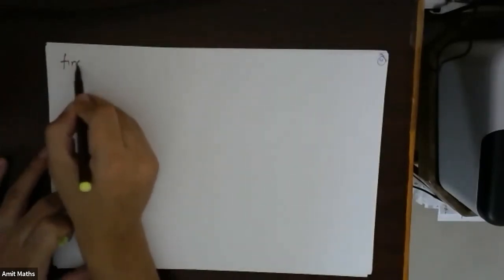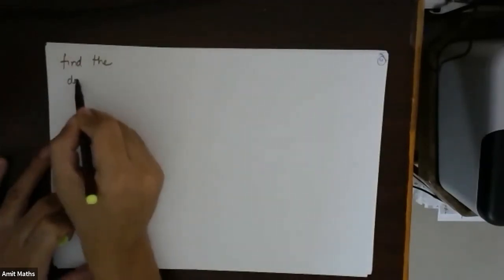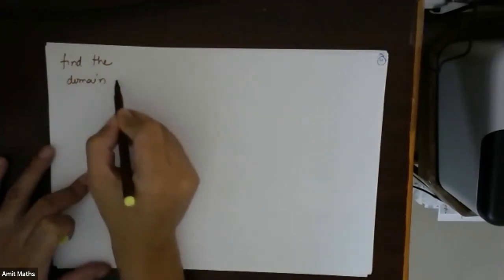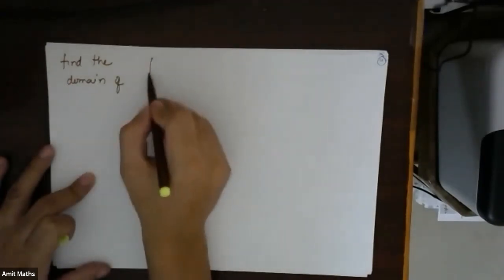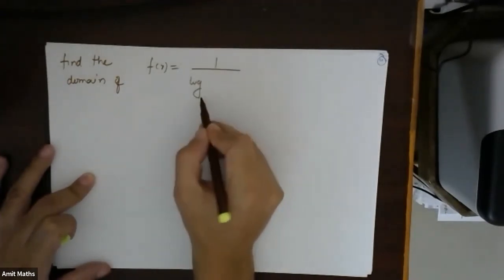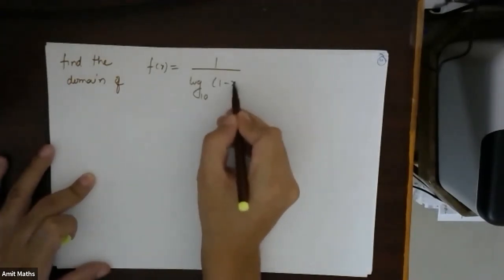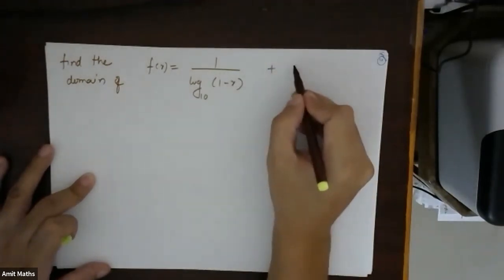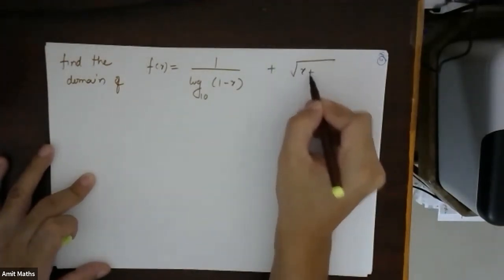You have to find the domain of f of x given as 1 by log base 10 of 1 minus x plus root of x plus 2.